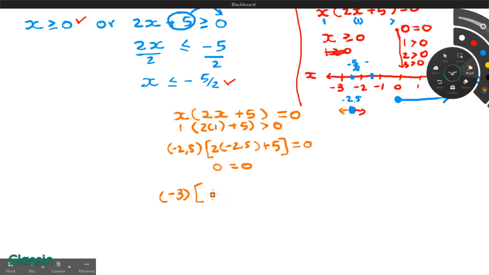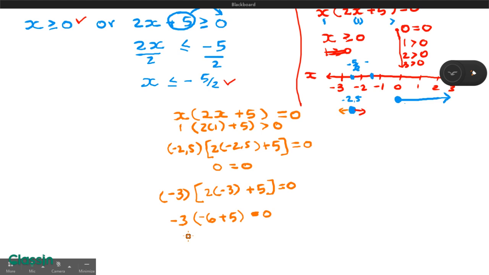If I put -3, it means that I've got -3, open bracket, 6, which is negative, plus 5. Not because already I've used this. Will this answer be greater than 0 or less than 0?